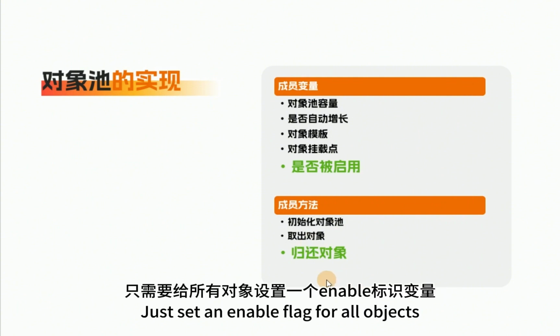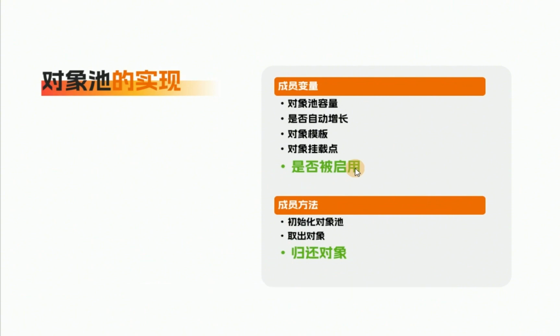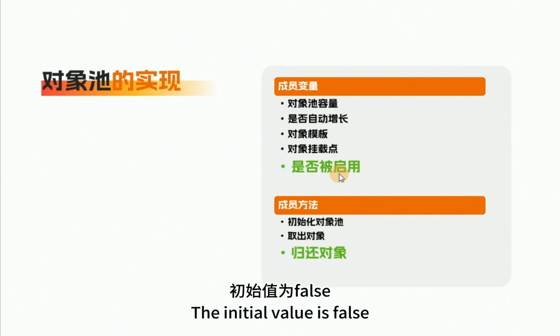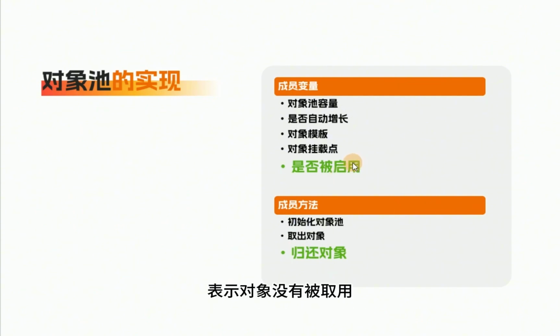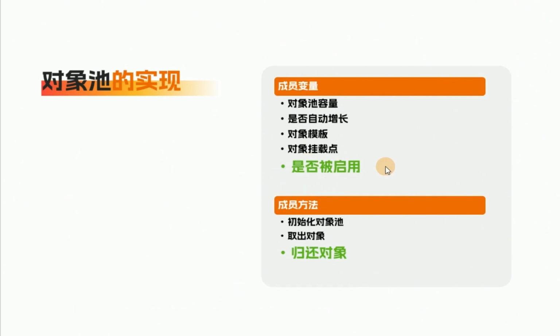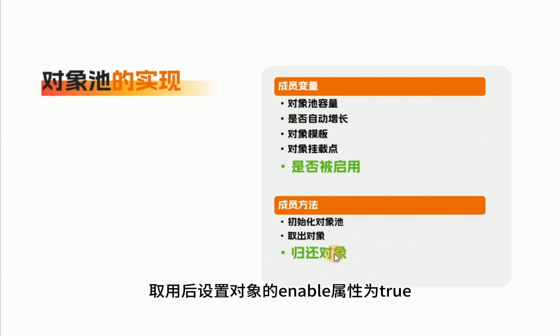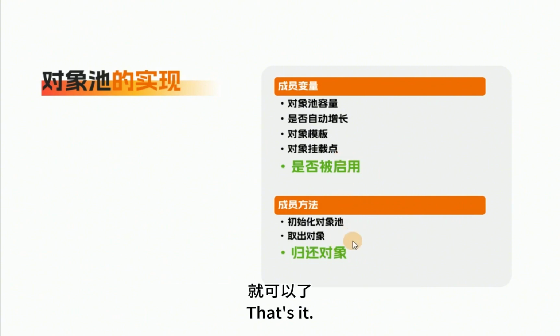Just set an enable flag variable for all objects. The initial value is false, indicating that the object was not retrieved. Set the enable property of the object to true after retrieval. That's it.